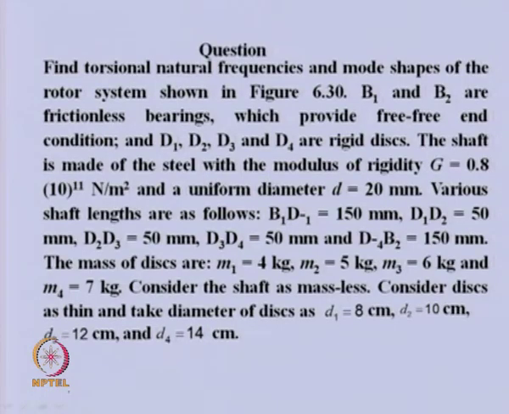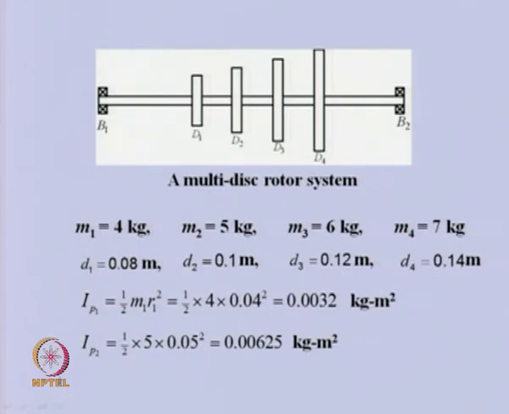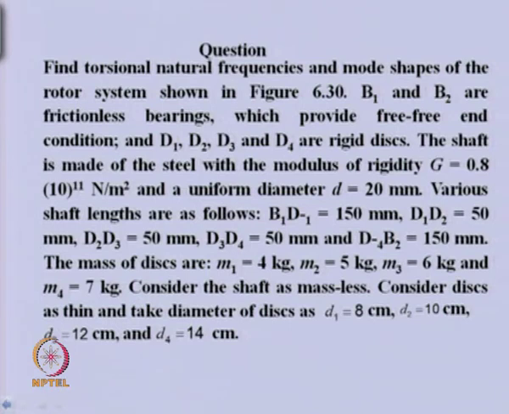For this particular case, I should show this drawing first. You can see we have 4 discs, they are connected by a uniform shaft, and the shaft is supported at the ends by frictionless bearings. Various distances and various properties of the mass and the size of the discs are given, and here we are considering thin discs.